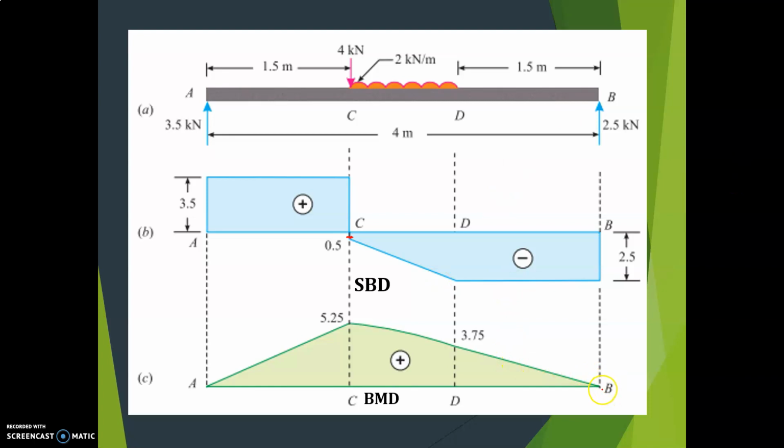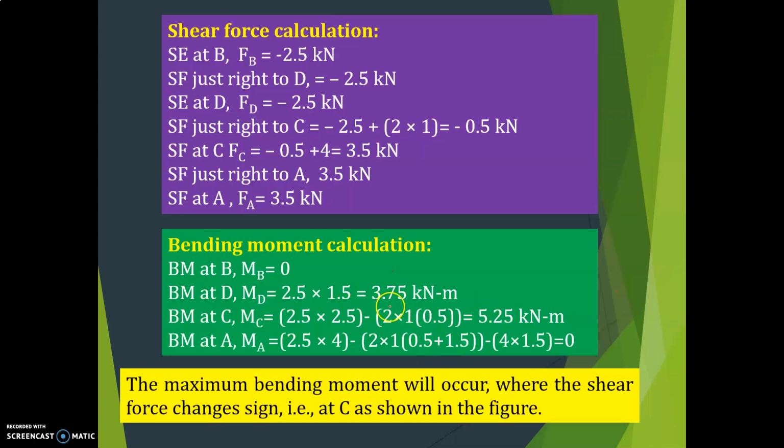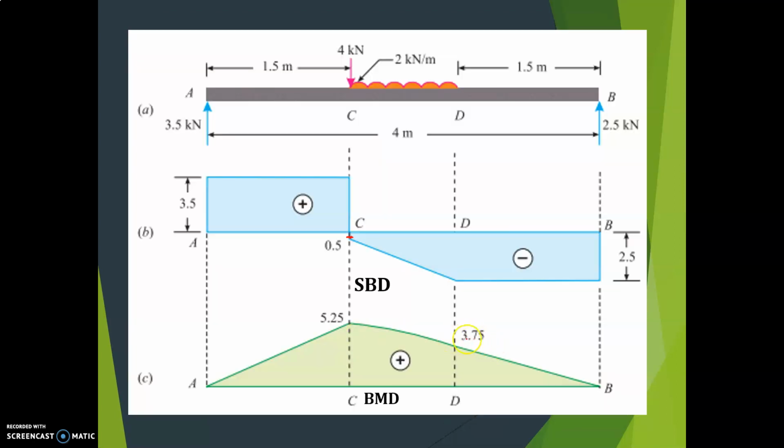Next, draw bending moment diagram. At B it is 0. Then at D it is 3.75, and at C 5.25. Then at A again it is 0.